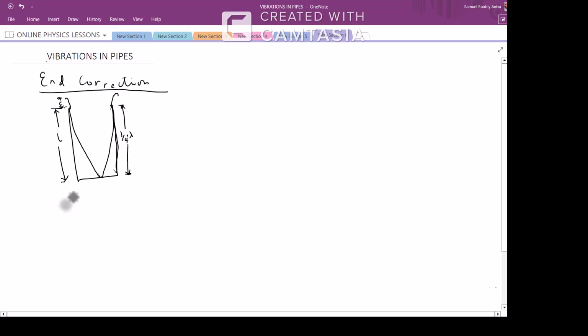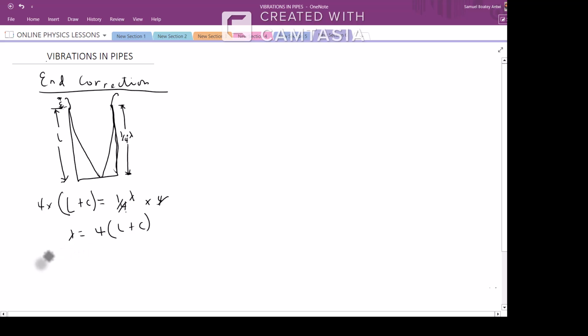Before, we knew that the length of the pipe is equal to 1 over 4 lambda. But because we have added end correction, we have to account for it, so plus C, in a bracket. To calculate lambda, we multiply both sides by 4, and lambda is therefore equal to 4, open bracket, L plus C.